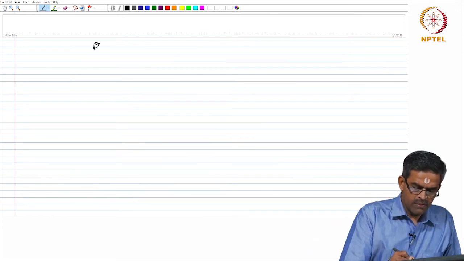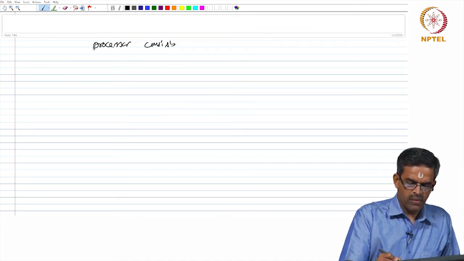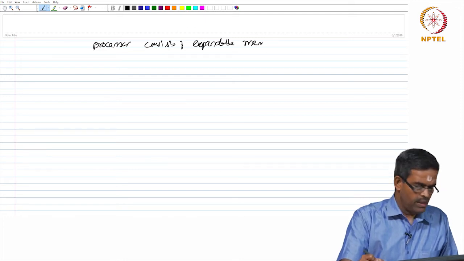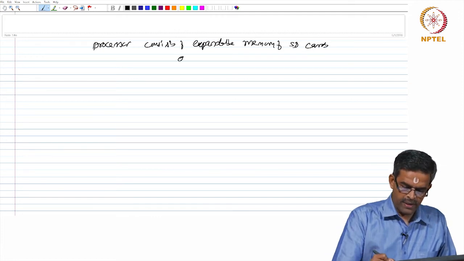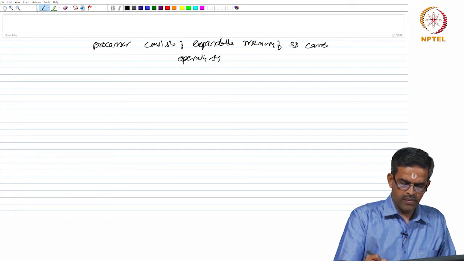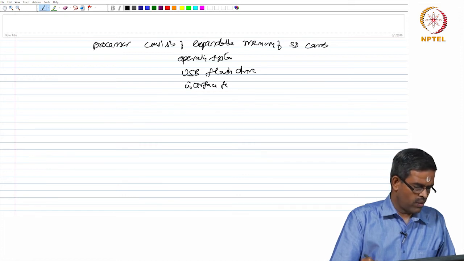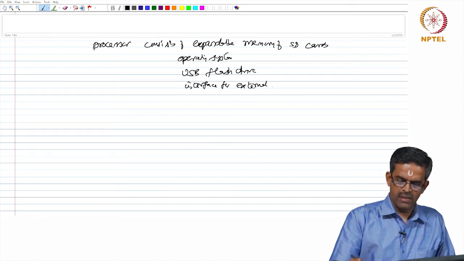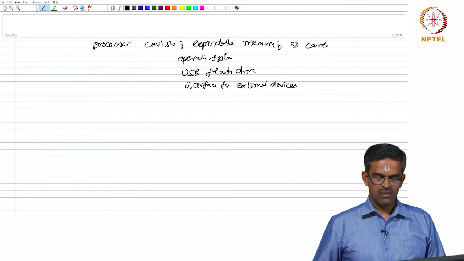Now, the processor which is being used consists of expandable memory of SD cards, an operating system, USB flash drives, and an interface for other external devices depending upon the number of pins required to access the processing unit.